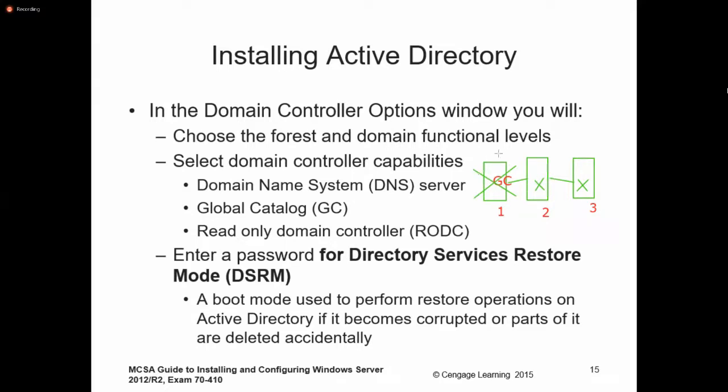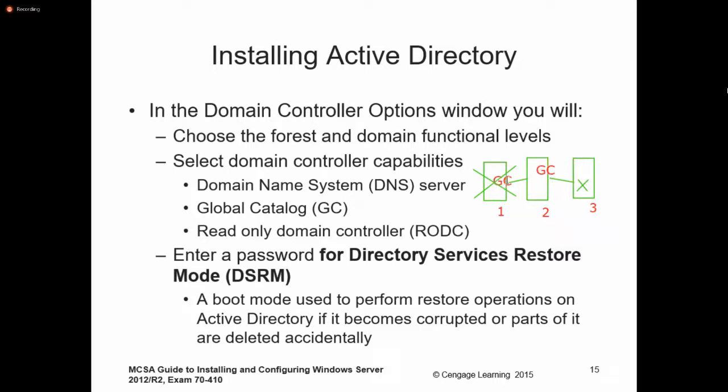Even if, let's say, this server is powered off, if you power down this server, this cannot function without this, right? So if you want to have these additional servers as backup alternate servers in case the main one fails, then at least one of these servers should be a global catalog.